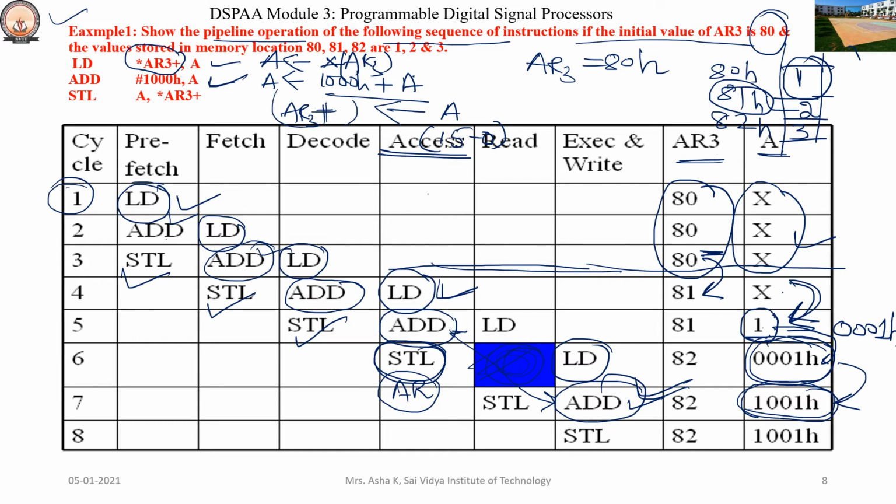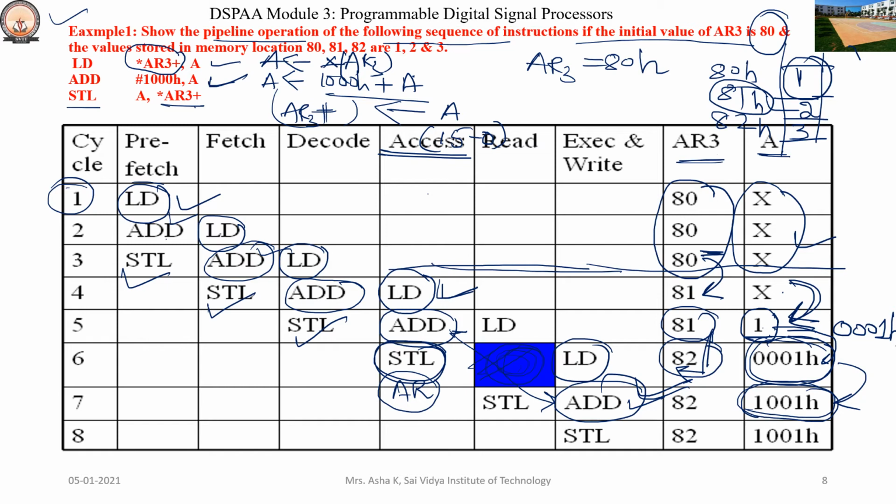Now, if you just see the instruction, store lower word of the accumulator, comma, AR3 plus. After storing the accumulator to that memory location, we have to increment AR3. Earlier it was 81, now the new value is 82.